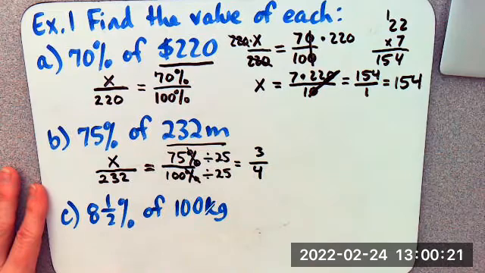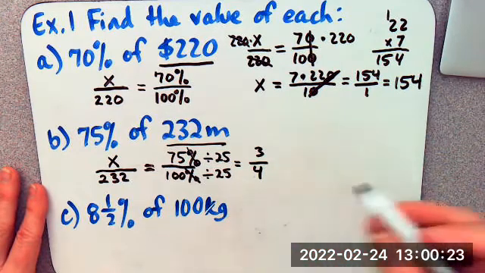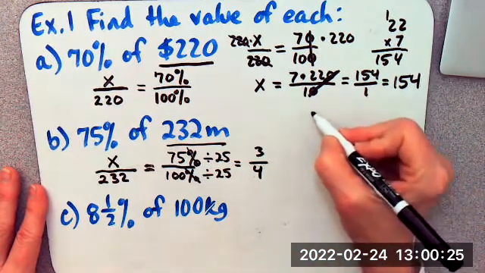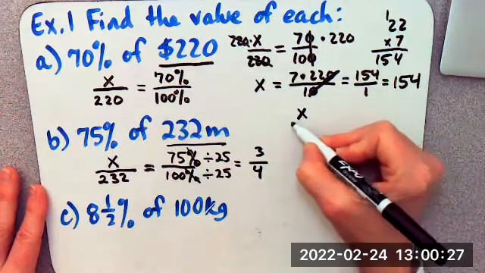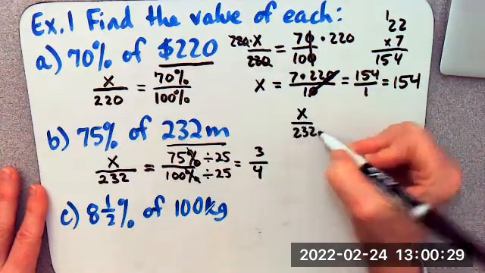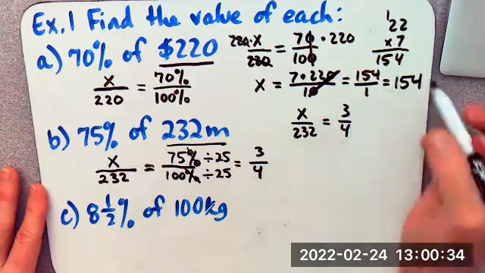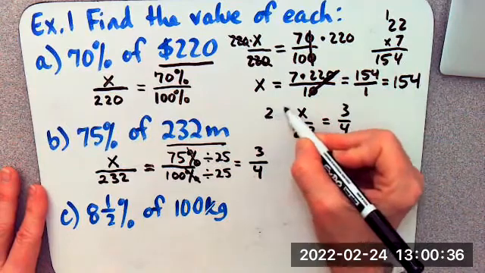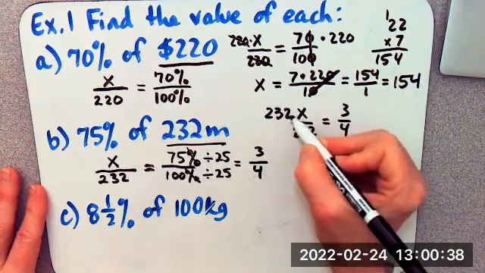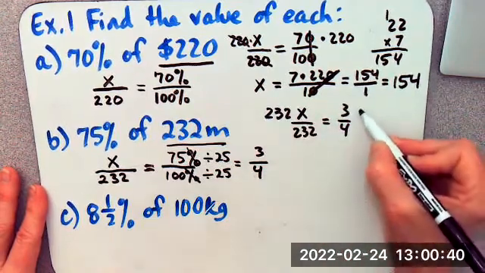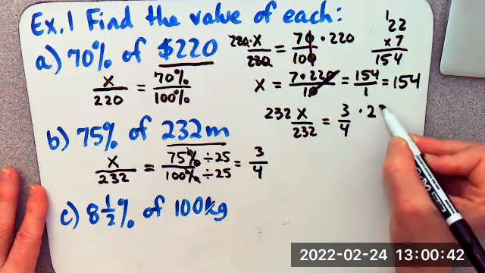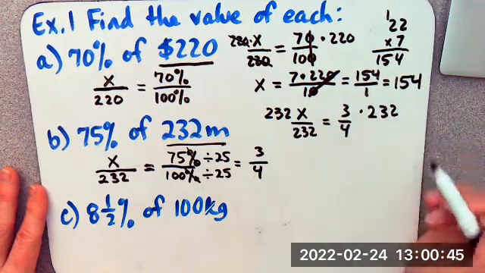25s in 100. All right, so now let's go ahead and look at this equation that we have. So we have X over 232 equals 3 fourths. We multiply by 232 here. It's called a multiplicative inverse, by the way, which you'll learn about later on.